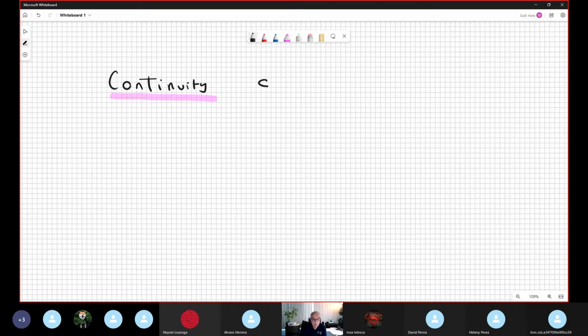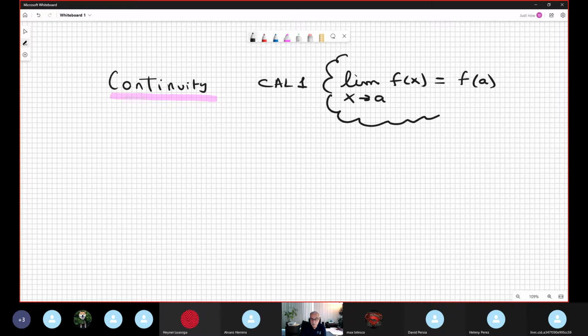Let me refresh your memory of Calc 1. For continuity, the definition is clear: the limit as x approaches a of a single-variable function is equal to the function evaluated at a.